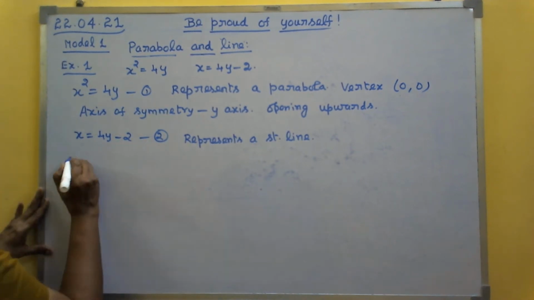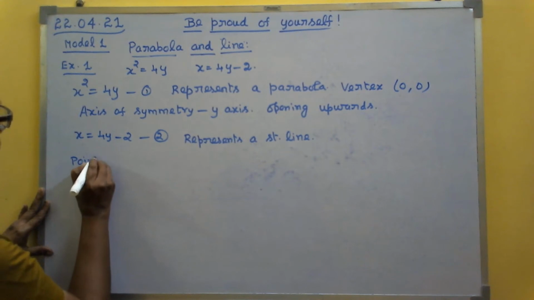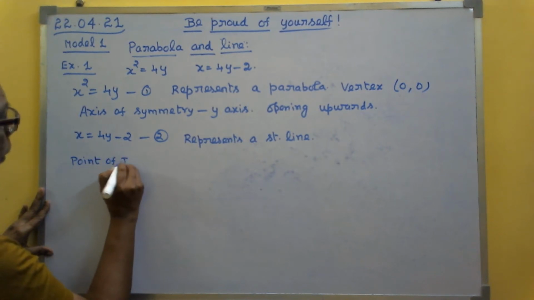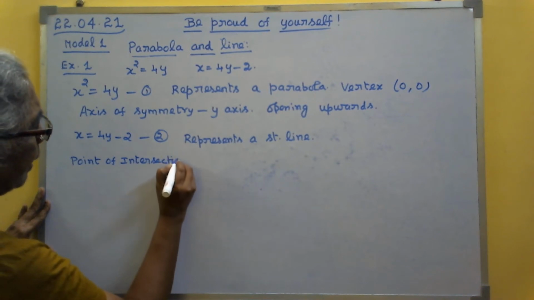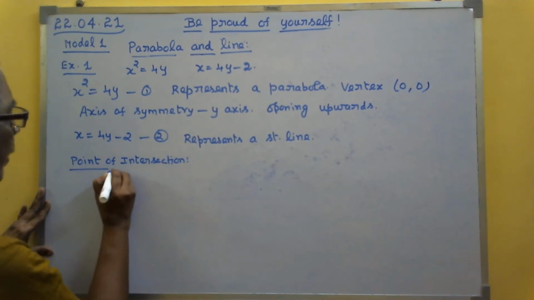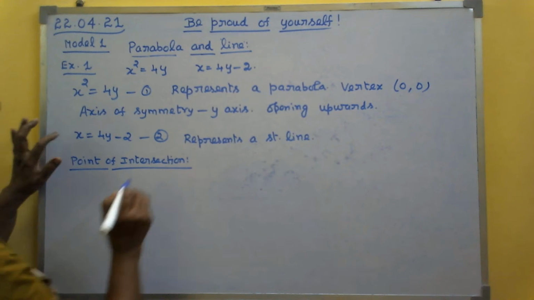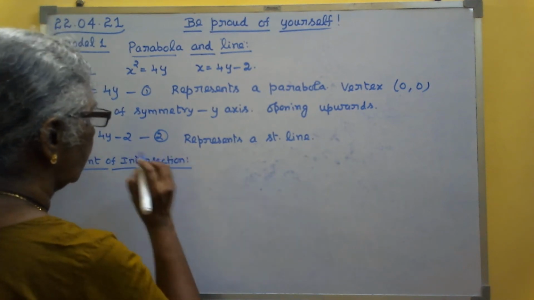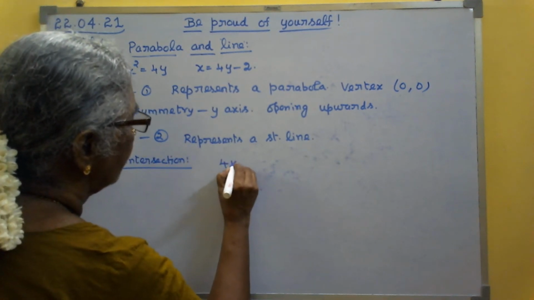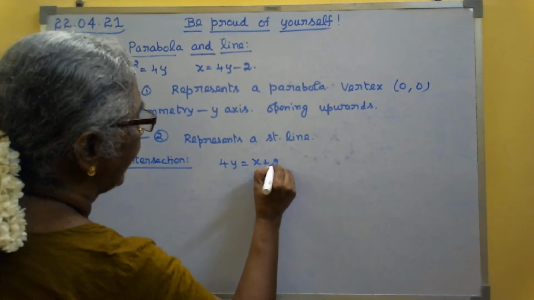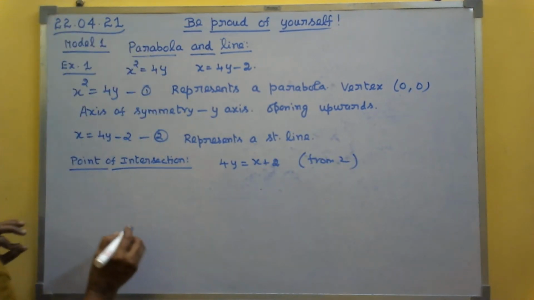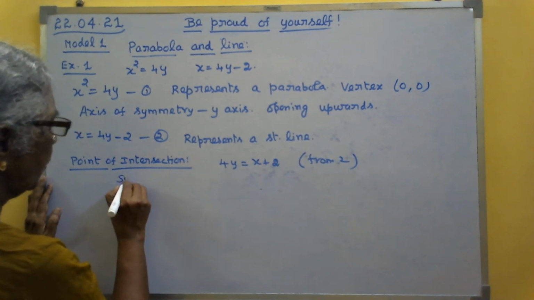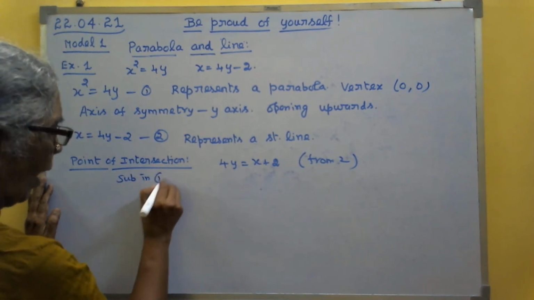So now the next thing I am going to do is find the point of intersection. That is just normal algebra solving, and we can do it in any way we like. I am going to take equation 2. From that I can write 4y is equal to x plus 2. Now substitute in 1.